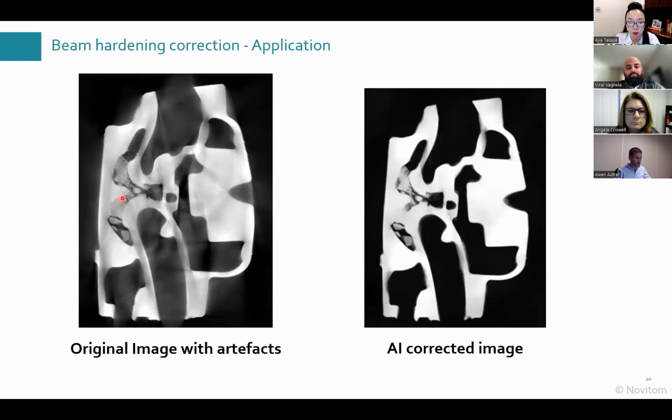Here, for example, there is a phase which should be a lighter gray than this one, so it disappears a little bit. So this is a tool that we use sometimes, but you have to be aware that it has some limitations. We are still working on it.